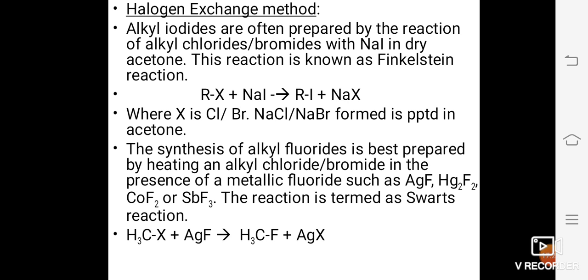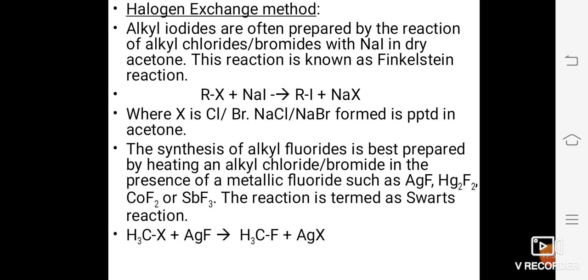The synthesis of alkyl fluorides is best done by heating an alkyl chloride or bromide in the presence of a metallic fluoride such as silver fluoride, mercuric fluoride, cobalt fluoride or tin fluoride, and the reaction is named as Swarts reaction.